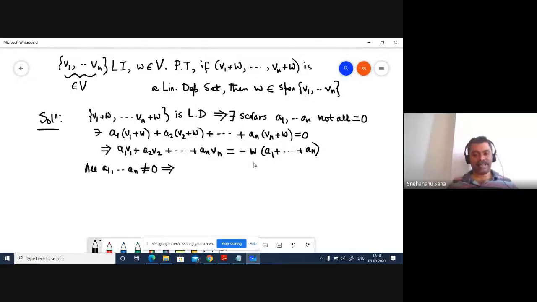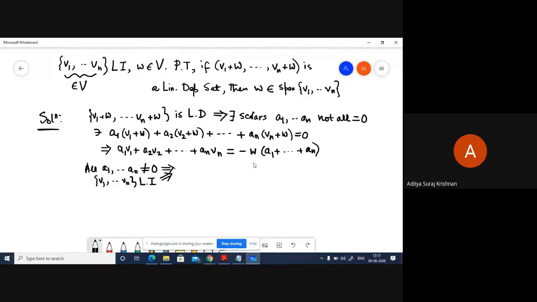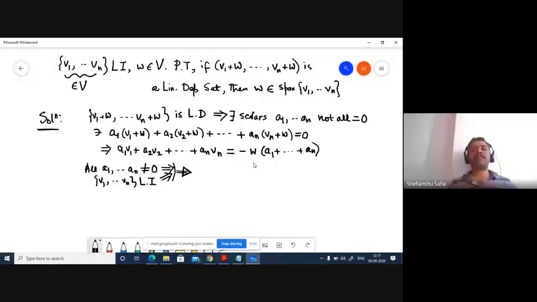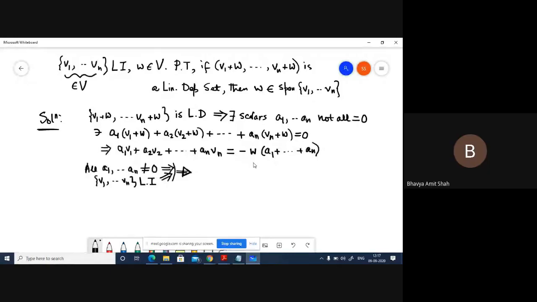I also know that V1 to Vn is a linearly independent set. So the left hand side cannot be 0, which means the RHS is also not zero.